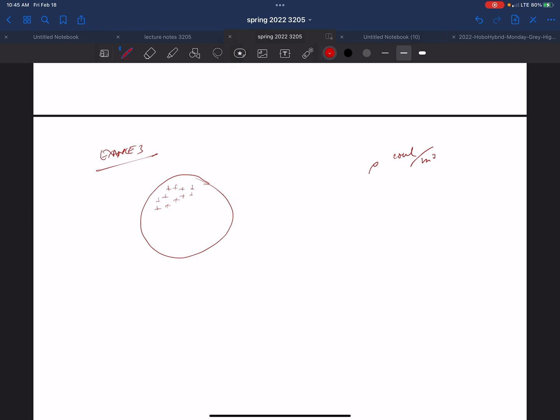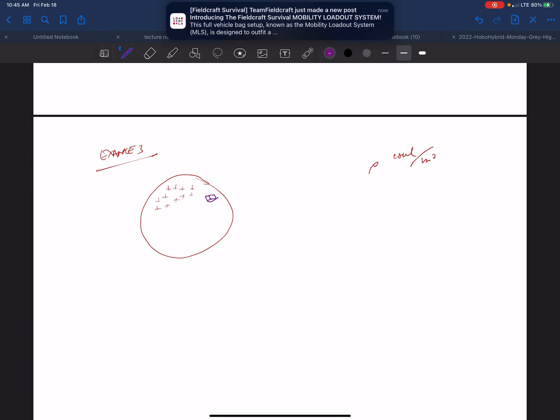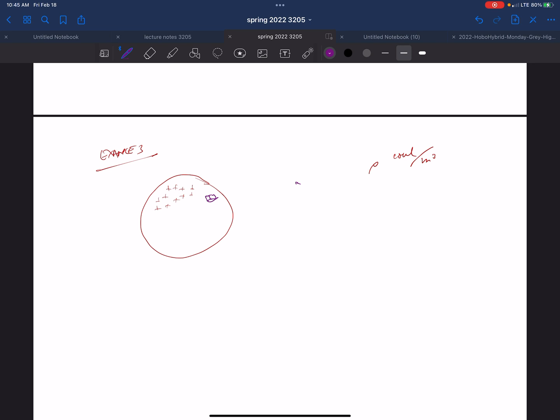Well, now we've got the effect of a little volume segment over here on some charge over here. So we can divide the thing into that. But then I would have to put a little volume segment here and find the effect on that. Just remember this is a solid sphere.